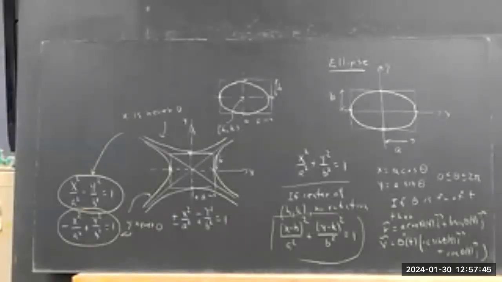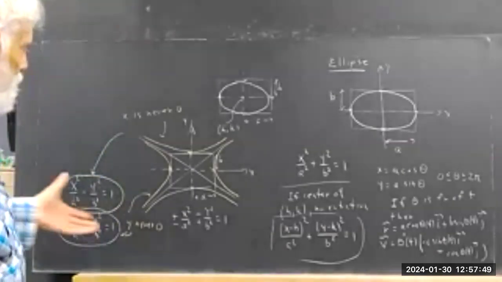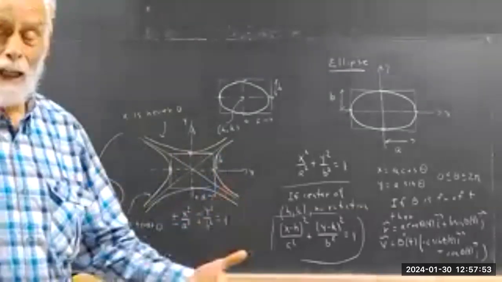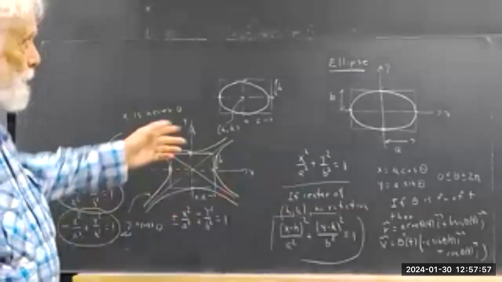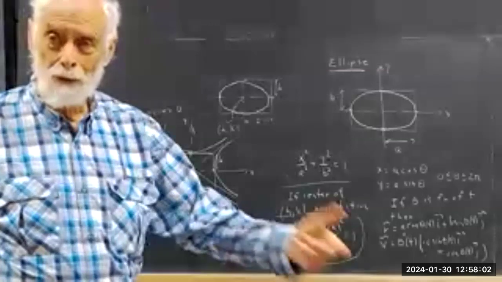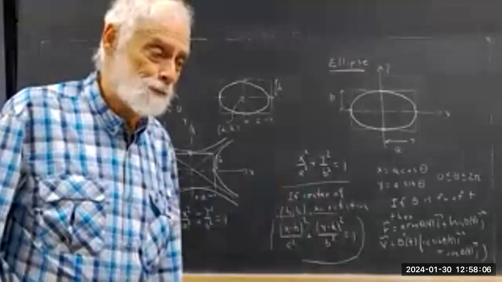Now, we had the comment: if you let x or y, whichever the case, be a multiple of i, the square root of negative 1, make a complex number out of it, sure. But if it's a complex number, you can't graph it in a real plane. We're talking about real hyperbolas.